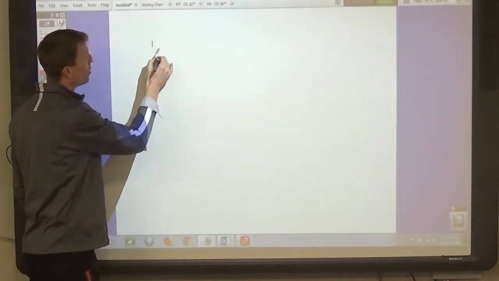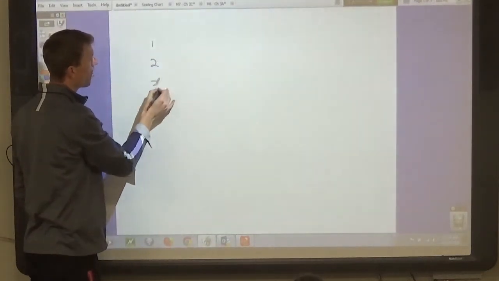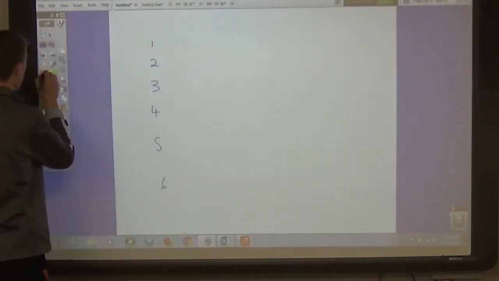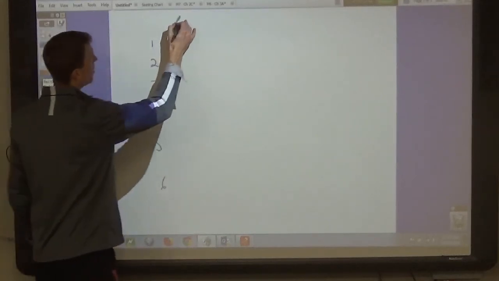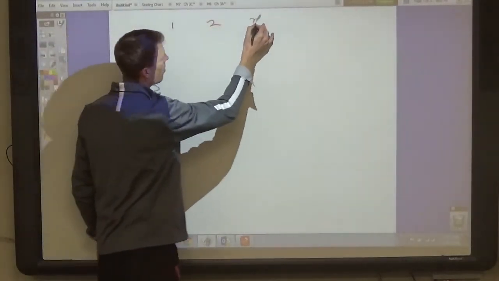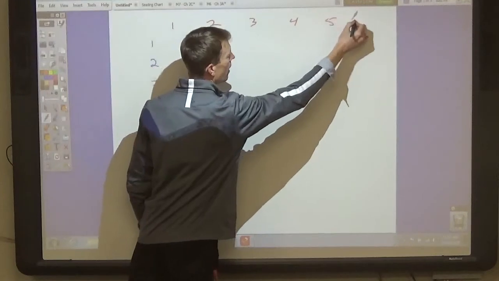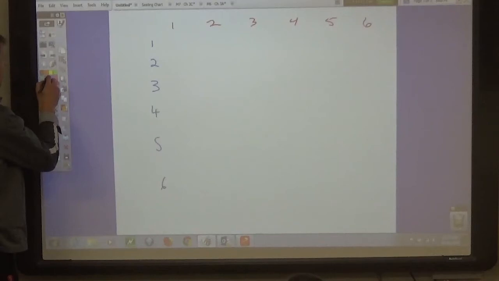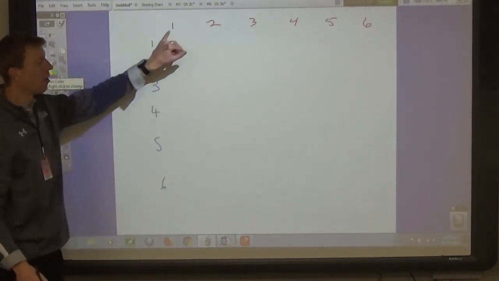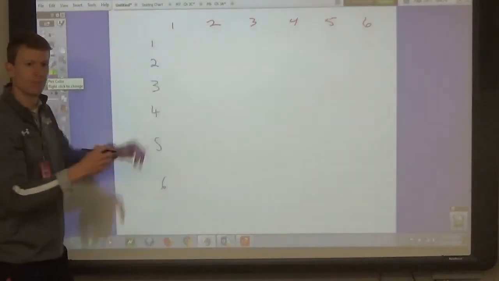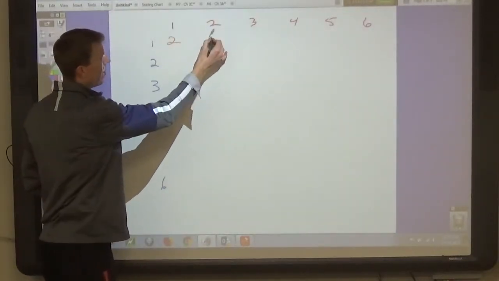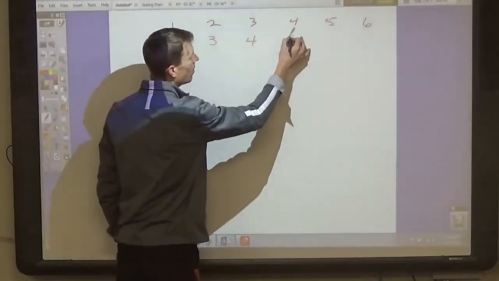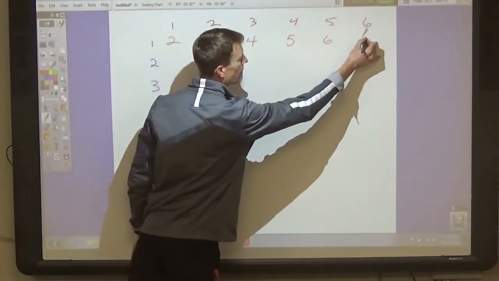So on one dice you could get 1, 2, 3, 4, 5, and 6. Okay? Then on the other dice, there's a 1, 2, 3, 4, 5, and 6. Right? So, what if we roll a 1 and a 1? What's the sum? 3. And I'm writing down the sums, right? 4, 5, 6, 7.